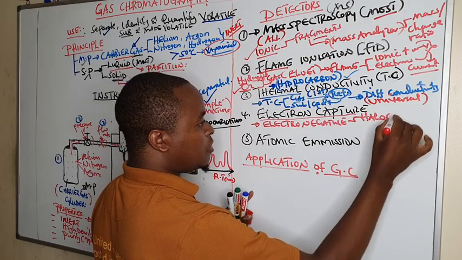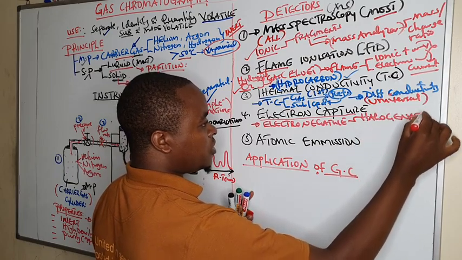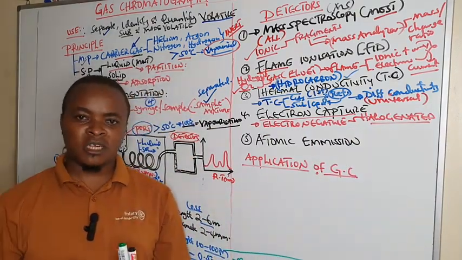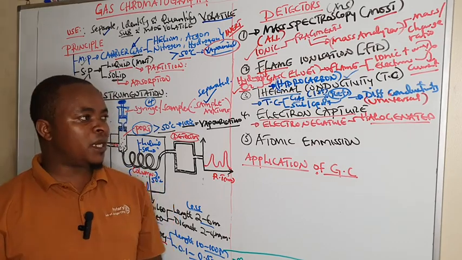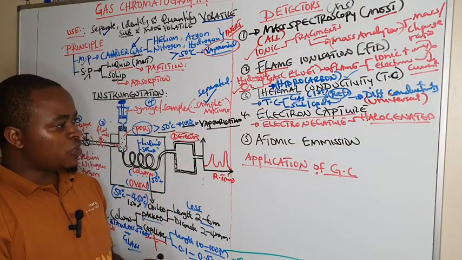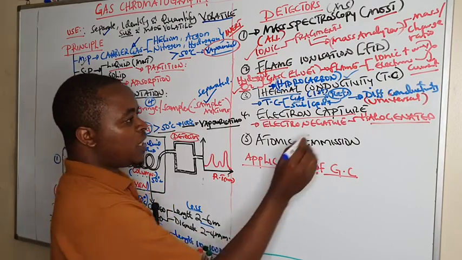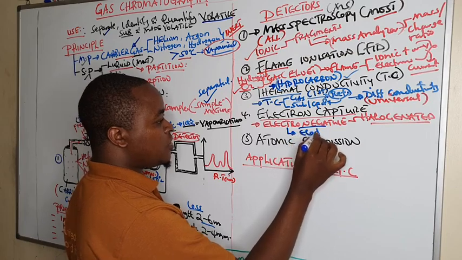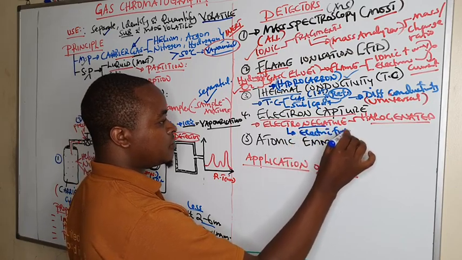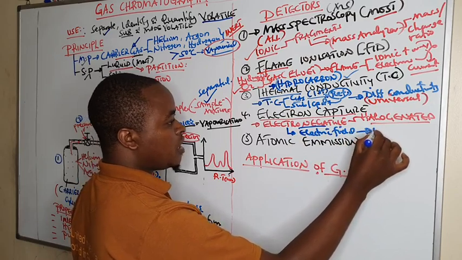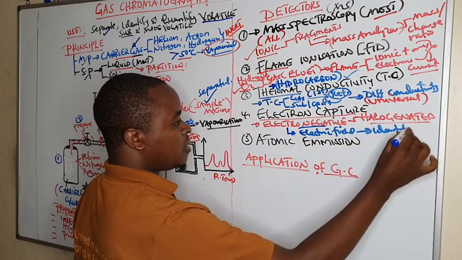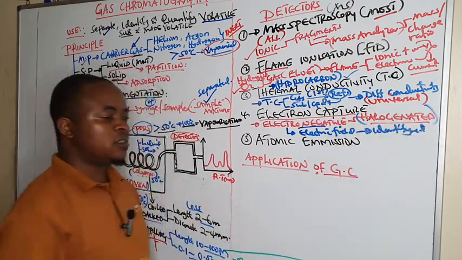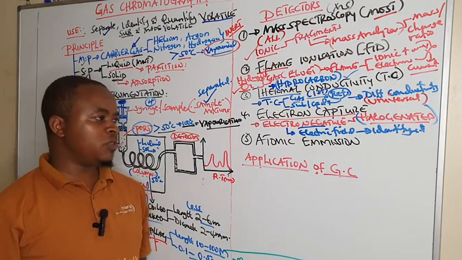So for any compound which contains halogens, we can use electron capture, whereby the electrons which are produced by these electronegative substances are captured within the electric field, and they are able to be identified on the recorder. So this one uses halogenated compounds, don't forget about that.